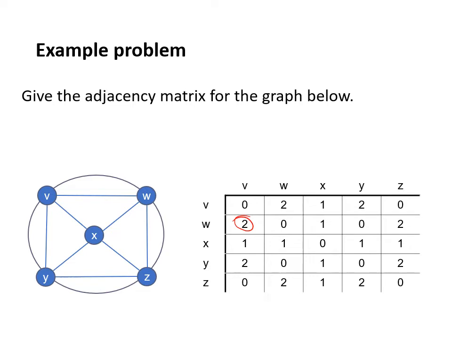Or from X to Z. So X to Z, there is 1 edge, and so on. So this is the adjacency matrix for this graph. So it's really easy to construct adjacency matrices from a graph, and vice versa.